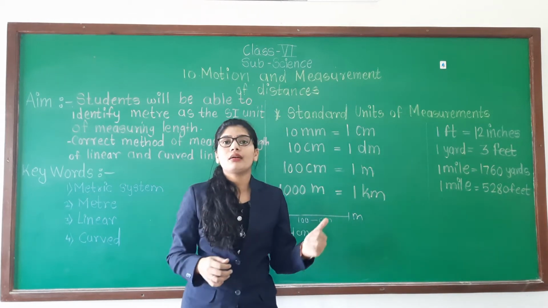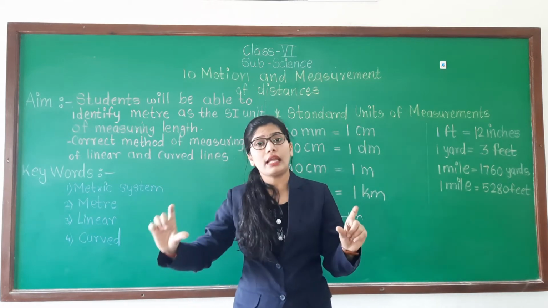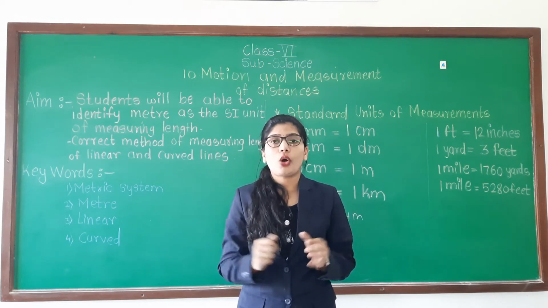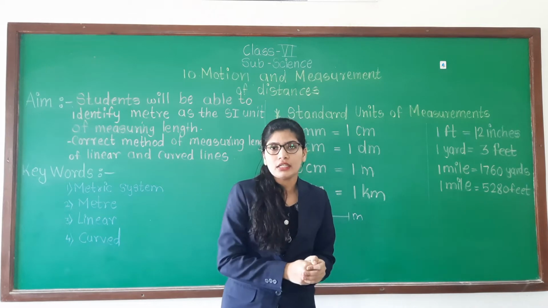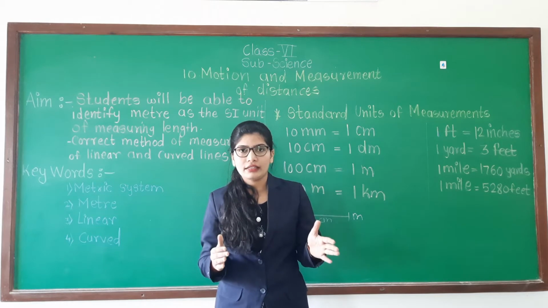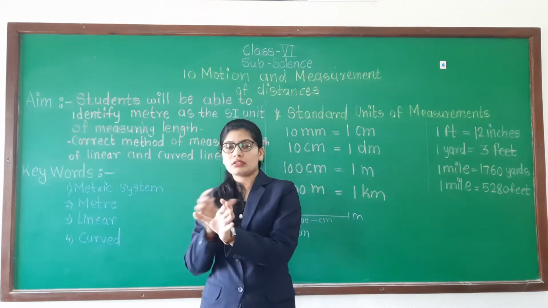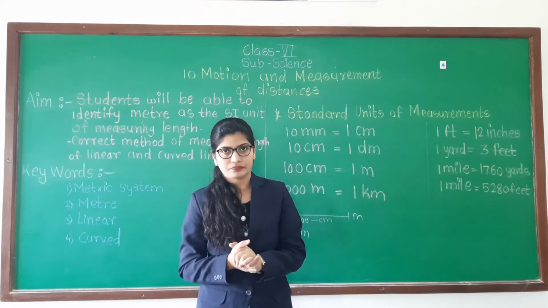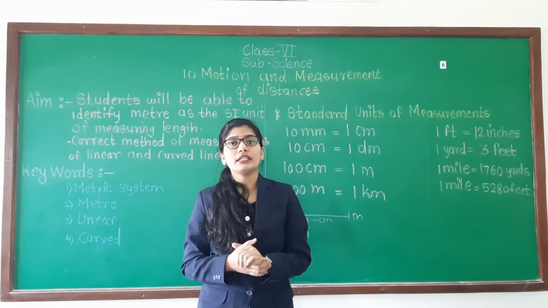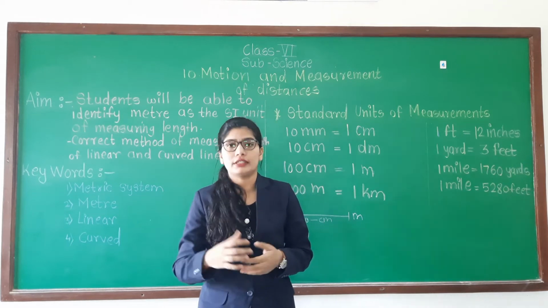And now we are learning about length. We use the ruler for measuring length. But in which unit are we going to write the length of a particular object? In meter, centimeter, or kilometer. The SI unit, International System of Units, is meter.